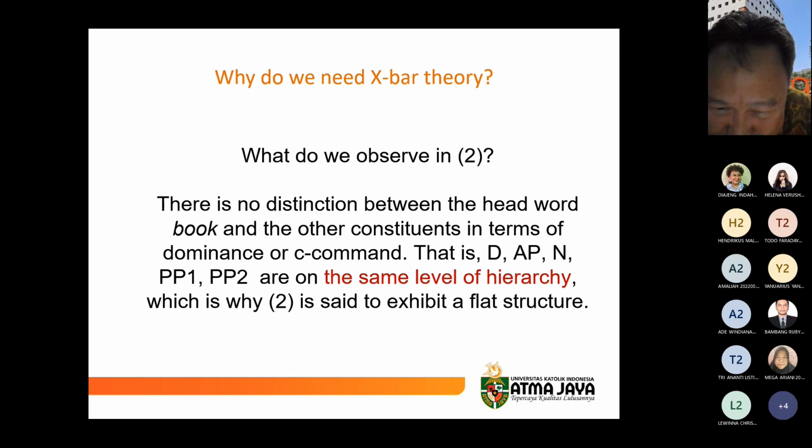So remember, a flat structure means the tree does not distinguish what the most important elements in a tree are. They are all treated to be the same. If you have this kind of principle, then this is called exhibiting a flat structure.